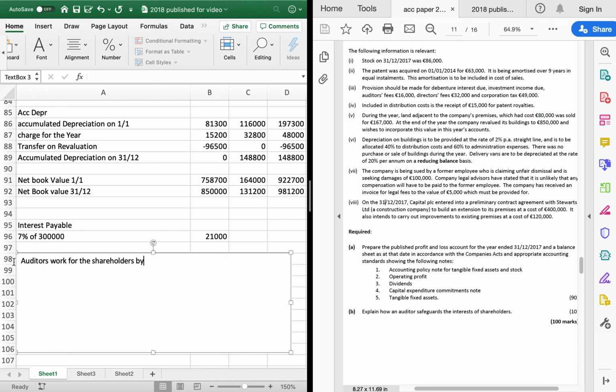They examine the financial statements, giving assurances that they give a true and fair reflection of the financial position of the company.